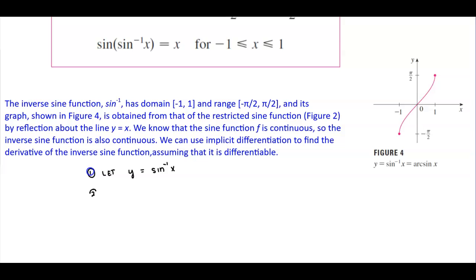Okay, and therefore we can say then the sine of y is equal to x. And we know that y has to be in between negative pi over 2 and positive pi over 2.